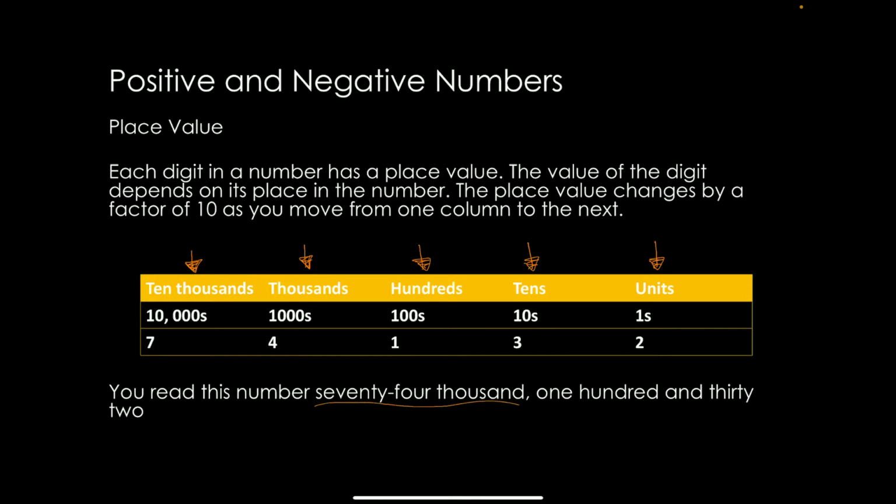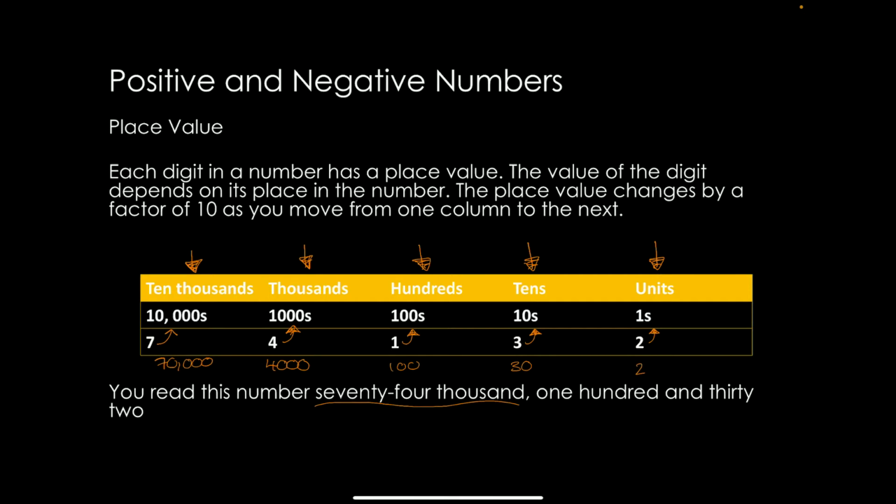We have 7 lots of 10,000, so that's like 70,000. Okay. We have 4 lots of 1,000. So that's 4,000. We have 1 lot of 100. We have 3 lots of 10, which is 30, and 2 ones, which is 2.